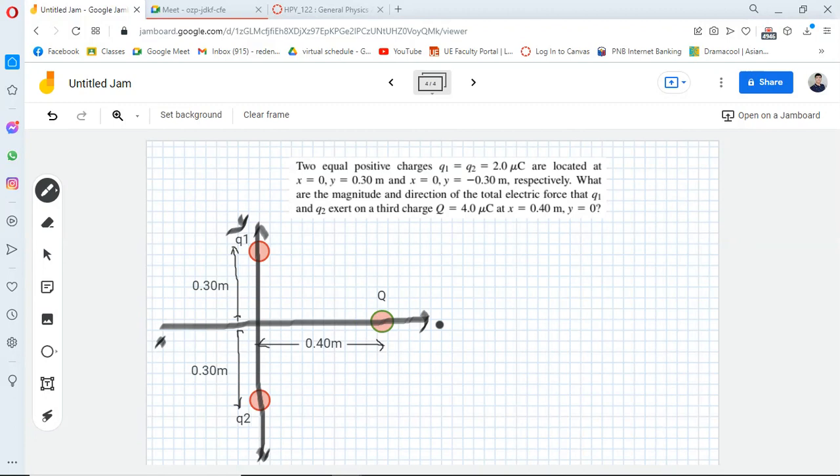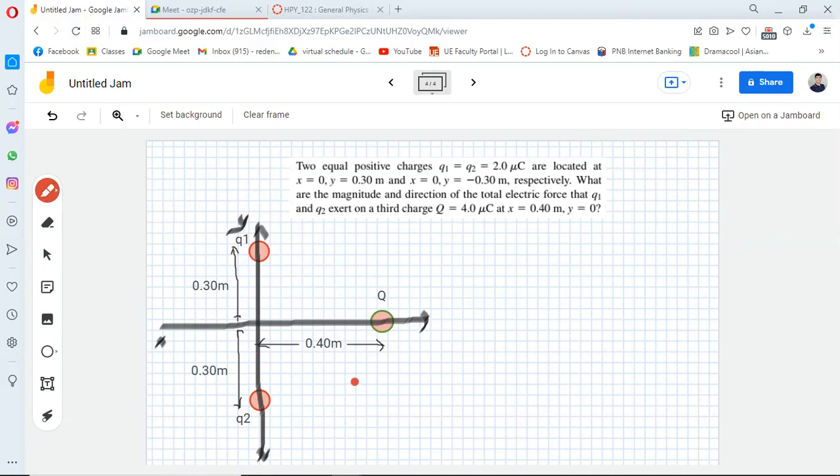So what then is next? Ano na ngayon ang next? Ang next thing na kailangan nating alamin is yung direction ng forces. Si capital Q meron siya na-experience na electric force dahil kay Q1 na malapit sa kanya at si Q2, right? So, kailangan nating i-sketch yun.